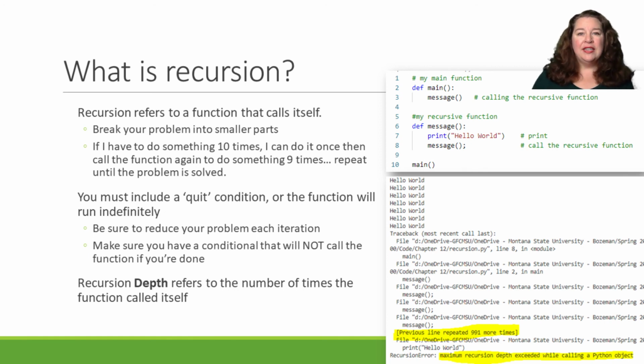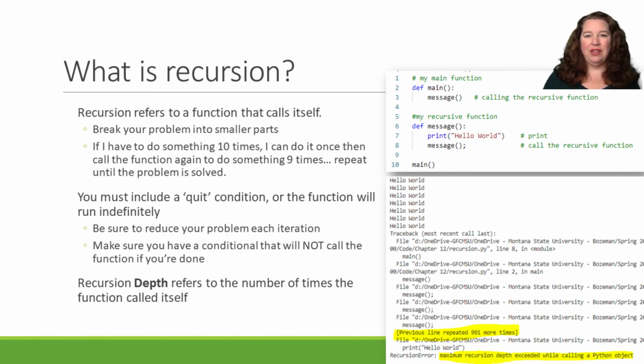That quit condition, that base condition, is really, really important when you're using recursion, because in recursion, we're going to be calling ourselves, and we need to know at what point we do not call ourselves. If you don't have a base case, if you don't have a quit condition, your recursive code will just call itself indefinitely until the code breaks.